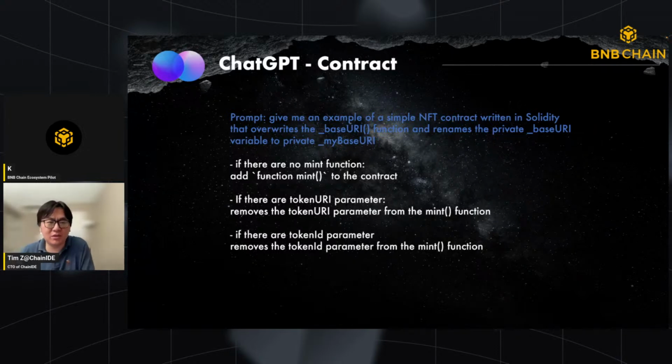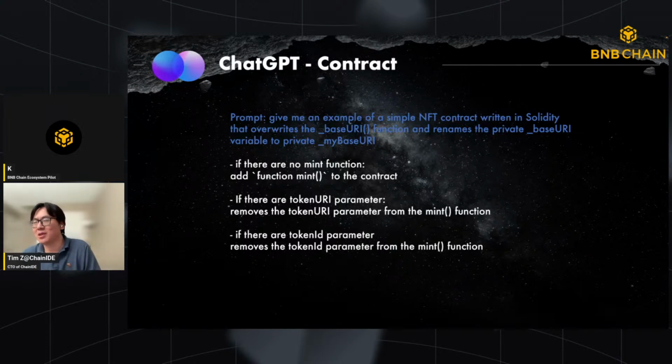We found there are some branches there. Luckily, the first time we got a runnable complete smart contract. But after several tries, we found sometimes it will miss a mint function. Then you need to tell ChatGPT, okay, add mint function.